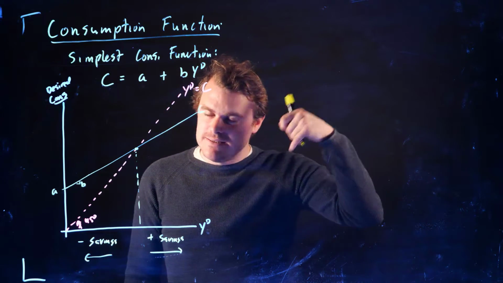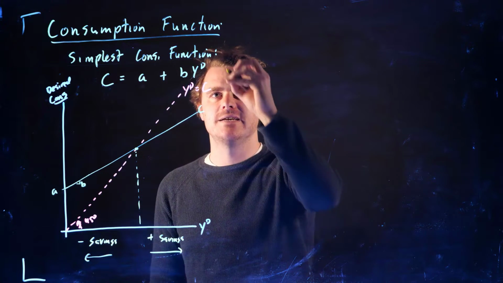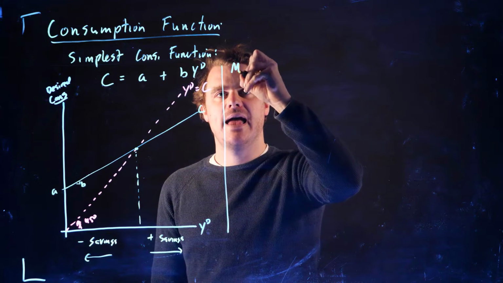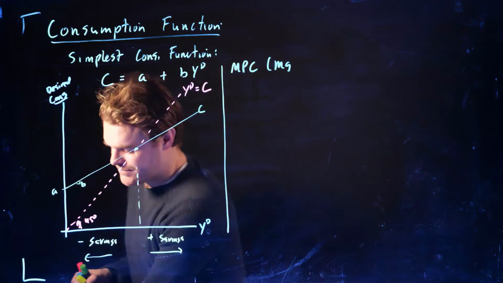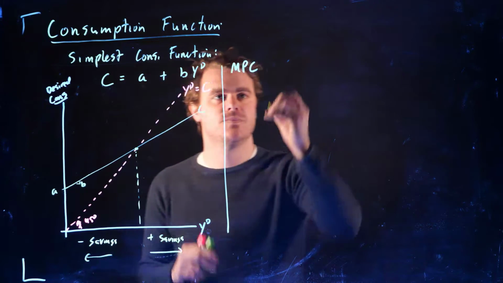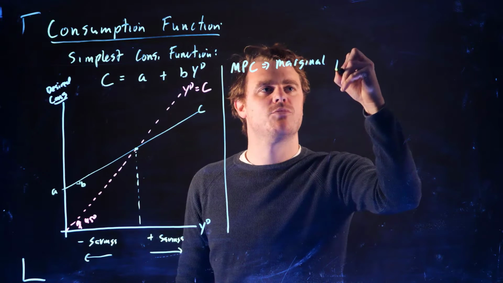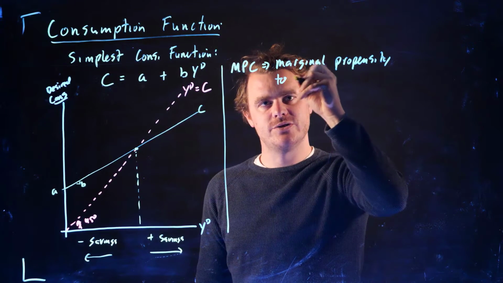We're going to denote that as the marginal propensity to consume. Maybe I'll just put a line down here. MPC is going to be the marginal propensity to consume.